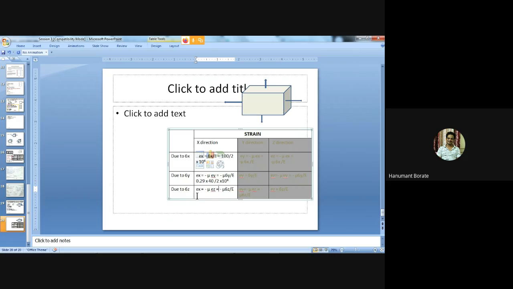Now in the third direction due to sigma z, as per the given statement, there is no force in the z direction.